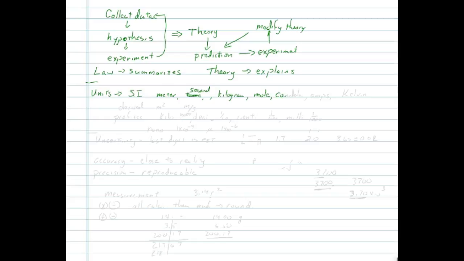Candela for brightness. Amps for electrical charge. And Kelvin for temperature. These are the 7 SI units. These are fundamental units. There are derived units.